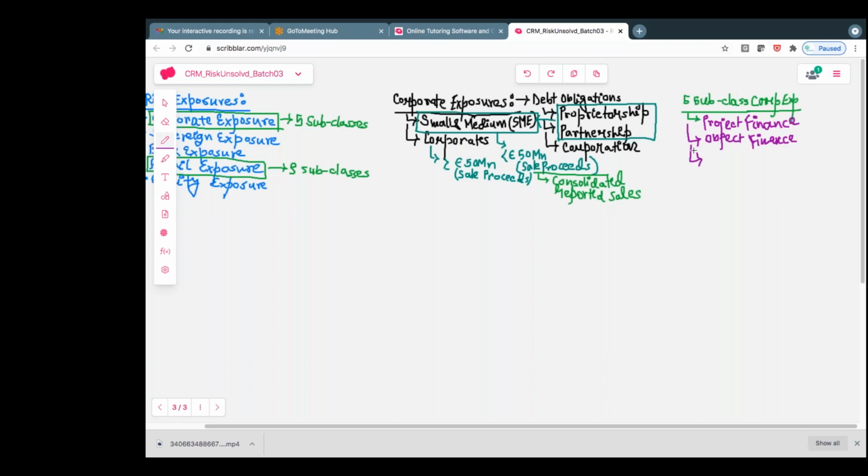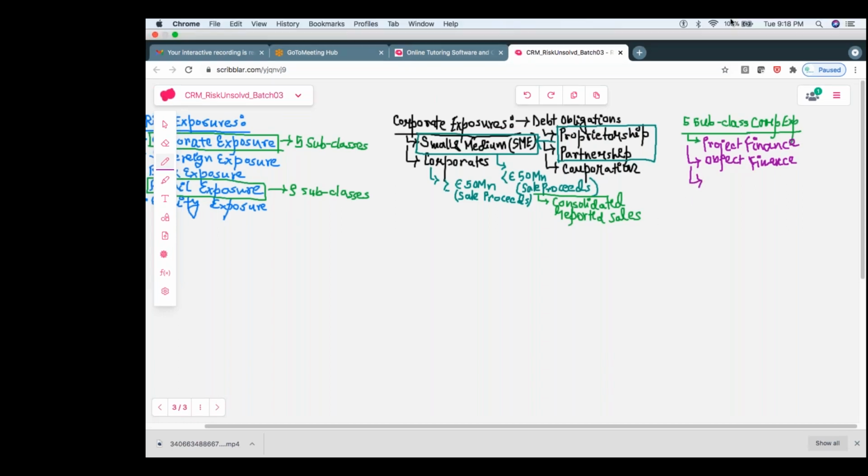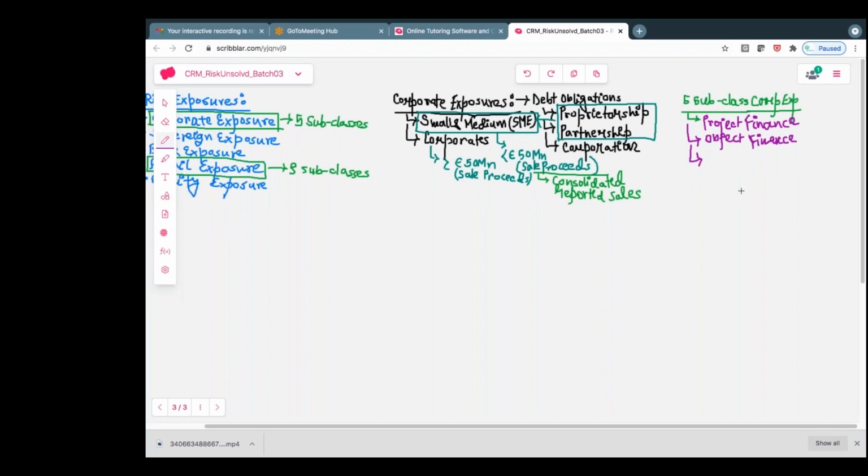So on one side I have the project finance, the second side I have the object finance, and the next that I have over here is the concept of income producing real estate.